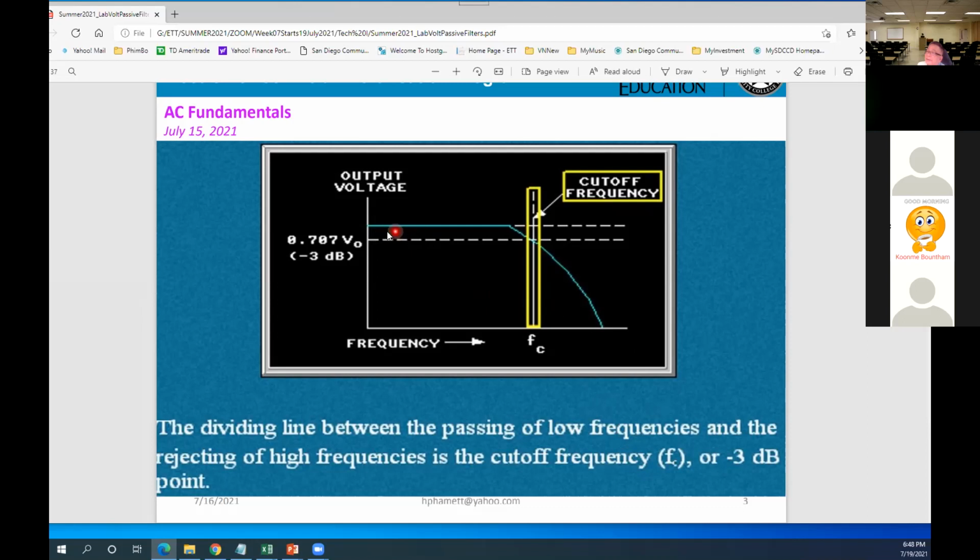You can see that this is the mid-range, right here, minus 3 dB. That means cutoff frequency, FC. That is the frequency domain, and that is the output voltage.